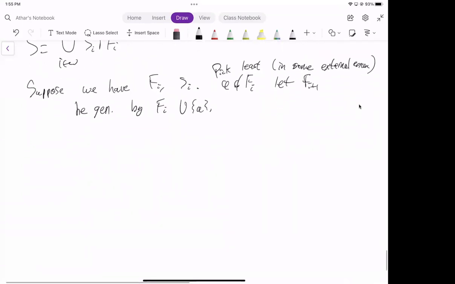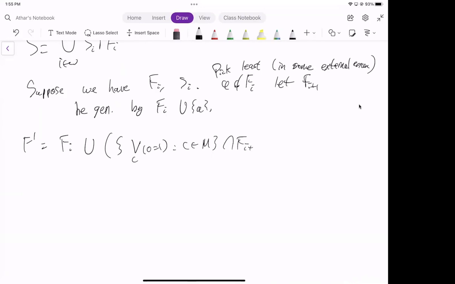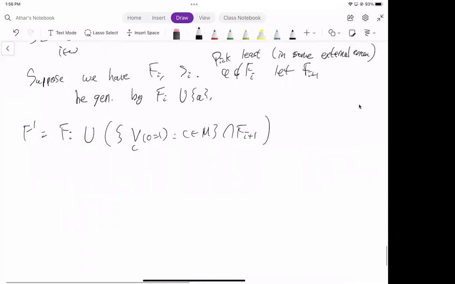finitely generated set. You can let F prime be everything that you want to preserve plus the only things that you're interested in from Fi plus 1, in other words, the only things in Fi plus 1 that are disjunctions of 0 equals 1.